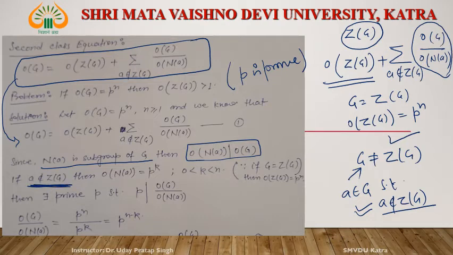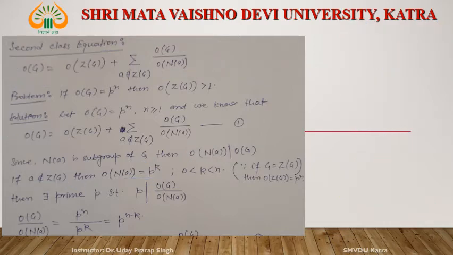Then what is the order of N(a)? Order of N(a) is P to the power k. Then what is order of G by order of N(a)?